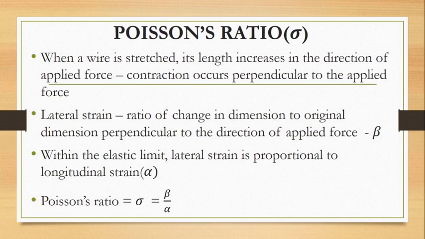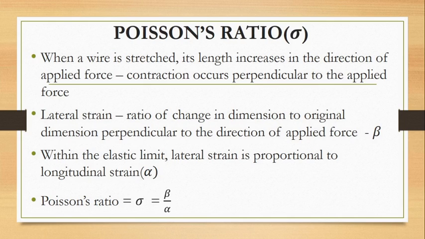So, by law, within the elastic limit, the lateral strain is proportional to longitudinal strain, that is beta is proportional to alpha. So beta will be a constant into alpha, and that constant is known as Poisson's ratio. So sigma is given by beta by alpha.